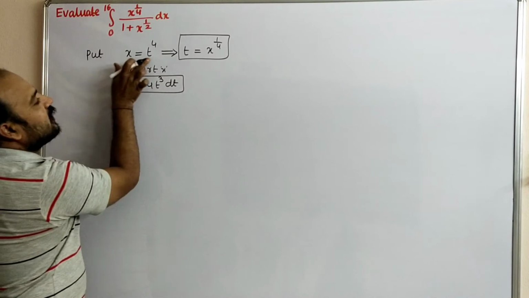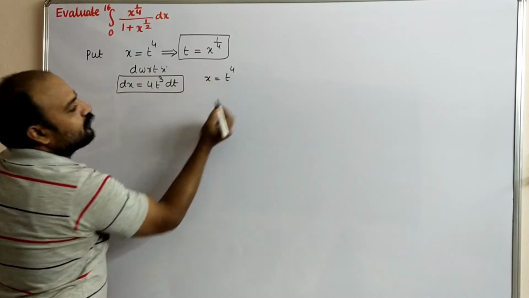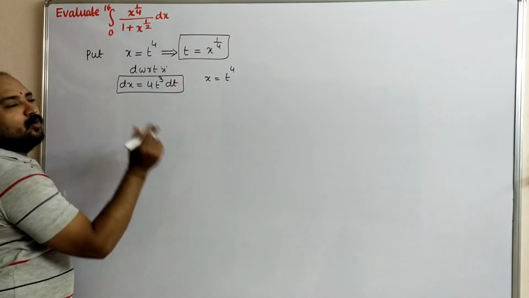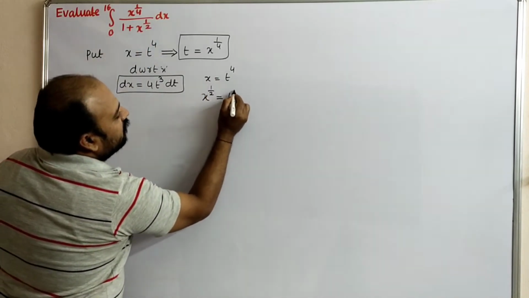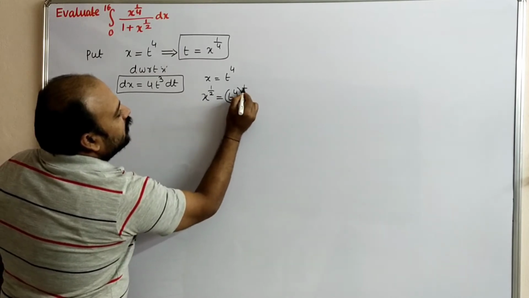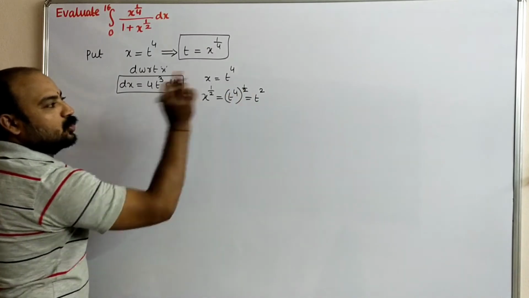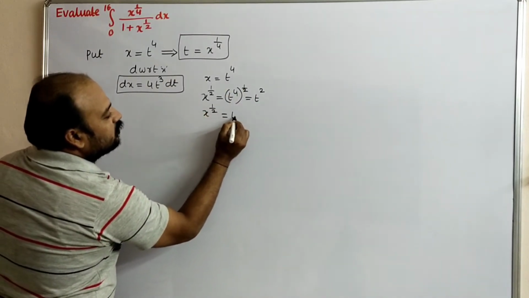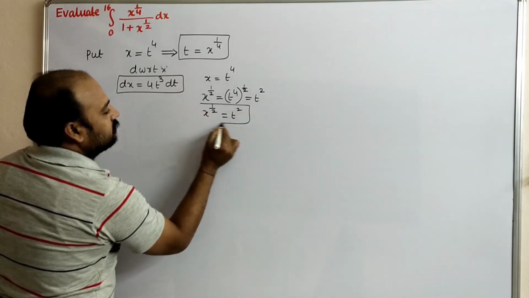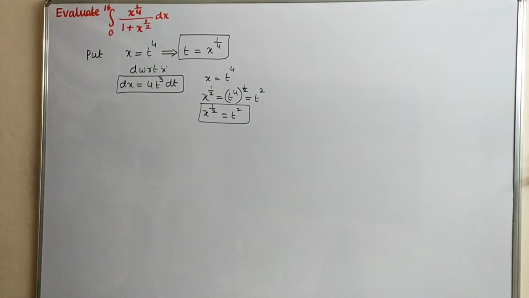X is equal to t power 4, but I want x power 1 by 2. Raising the power 1 by 2 on both sides, it becomes t power 2. So wherever x power 1 by 2 is there, you have to write t square, and x power 1 by 4 is obviously t.